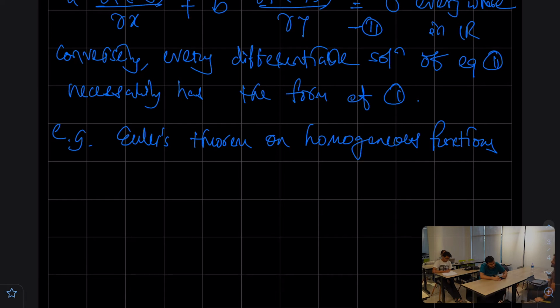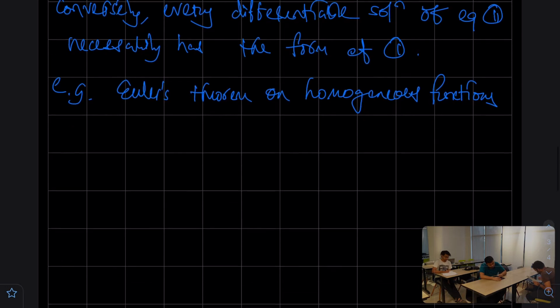It's spelled the way it's pronounced. Yeah, this is one of the rare cases. Guarantee. I always forget how guarantee is spelled. G-U-A, again, I forgot. Yeah, G-U-A-R-A-N-T-E-E. Yeah, right. Guarantee. Okay, so Euler's theorem on homogeneous functions.